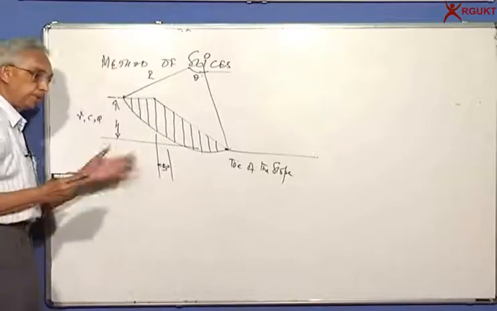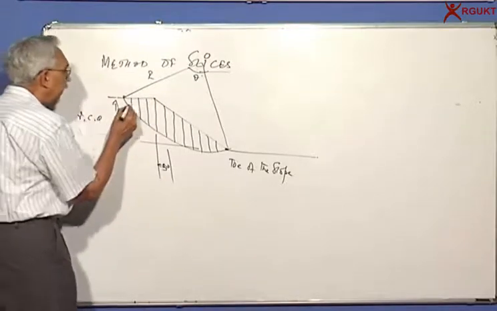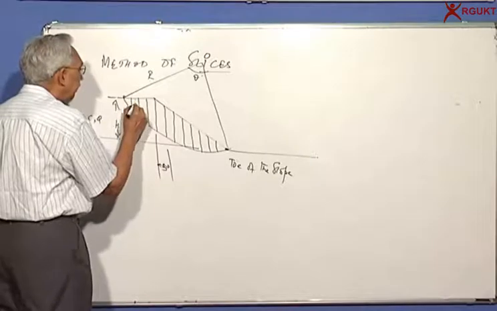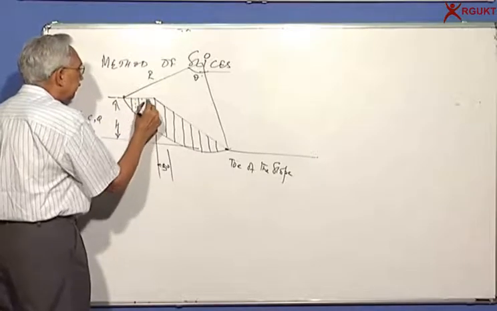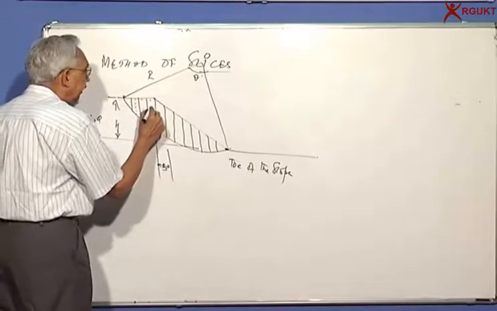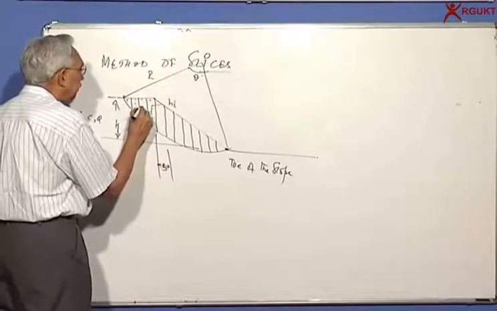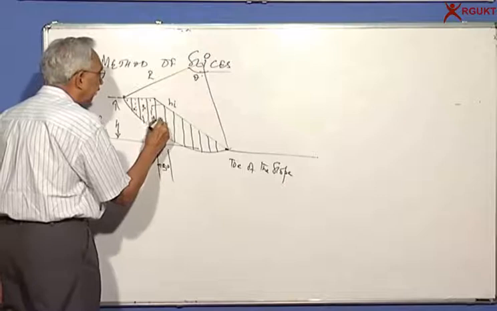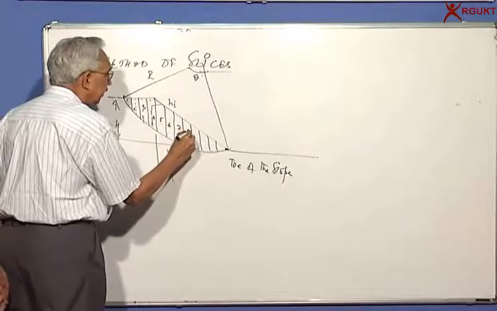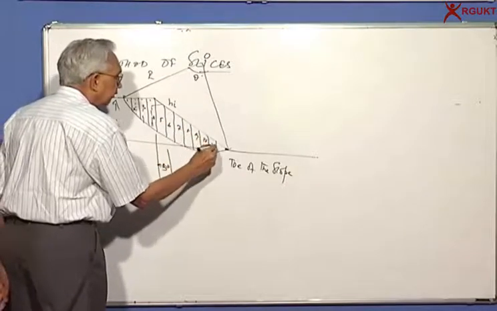By plotting on graph paper, I can find the area of each slice if I know the height hi. These are 1, 2, 3, 4, 5, 6, 7, 8, 9, 10, 11, 12.